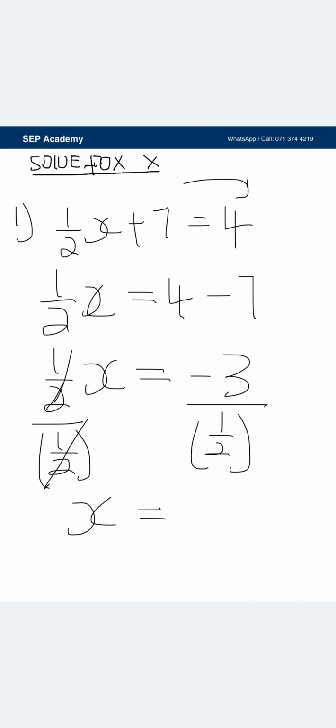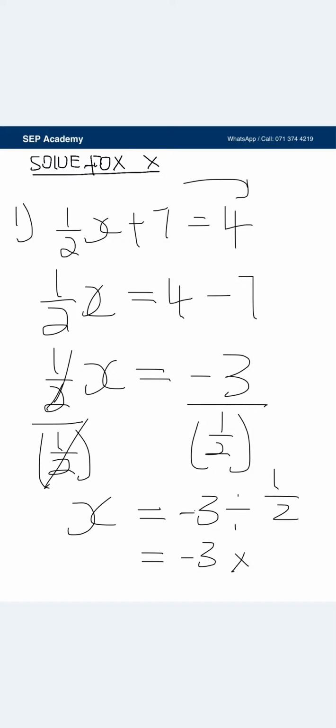negative 3 over a half, which ends up as negative 6. You can punch it on your calculator, or you can just work it out where you say negative 3 divided by a half, and then you multiply where you swap the 1 and the 2, and it ends up giving you that final answer of negative 6. So what I mean is, if you have that negative 3 dividing that half, mathematically we know that it should be the same as negative 3 where you multiply.